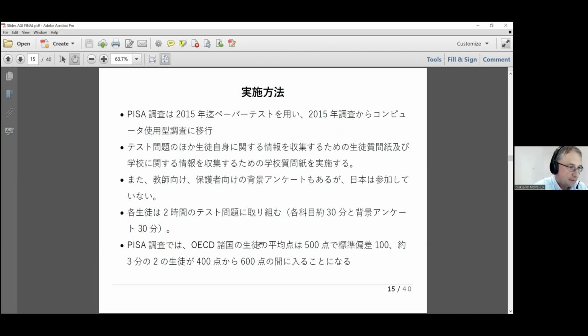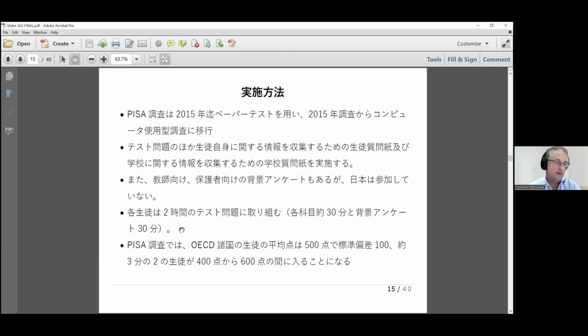The test usually takes about 2 hours. First, there are 3 subjects: 1 major subject, for example mathematics, and then 2 remaining minor subjects, science and reading. That is 40 minutes, and then students also answer the background questionnaire for about 30 minutes. So after 2 hours, they are done.